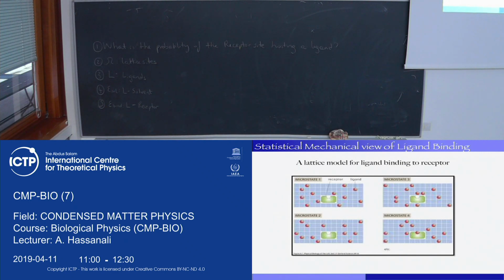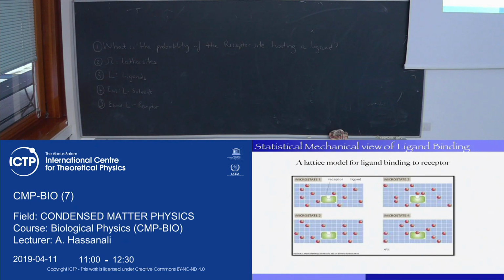Because we know the weight of a picture we are interested in, and the weight of the picture we are not interested in. We are only interested in picture number 4, because that is when the binding happens. Can we paint all the ligands differently, in different colors? Otherwise all the pictures would be the same, since I can replicate the same picture by exchanging the bound ligand with another one.